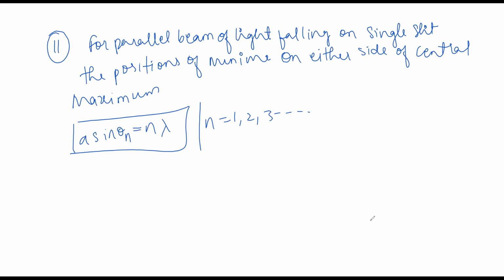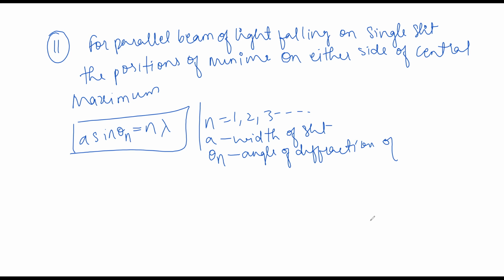So where a, what is that? That is nothing but the width of the slit. And next, theta n is nothing but the angle of diffraction of nth order, we take it as the nth minima.